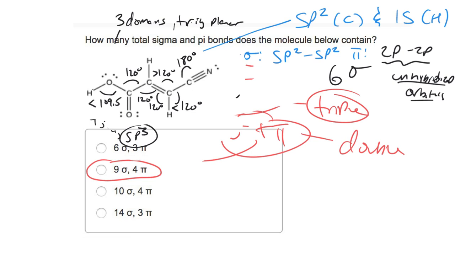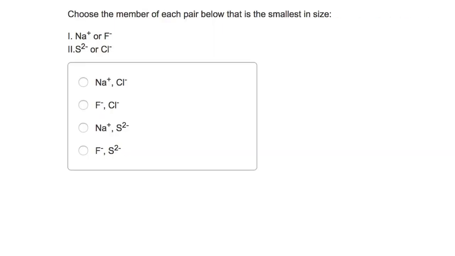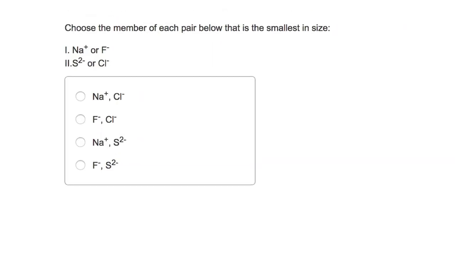Okay, so let's move off this question on to the next one. So this goes back to chapter 7. All of these questions will be like the real exam, kind of going in and out of chapters 7 through 9. When we're ranking size of ions, we have to think maybe how many electrons do they have? Like sodium plus, 10 electrons, F minus, 10 electrons. Both of these ions share having 10 total electrons.